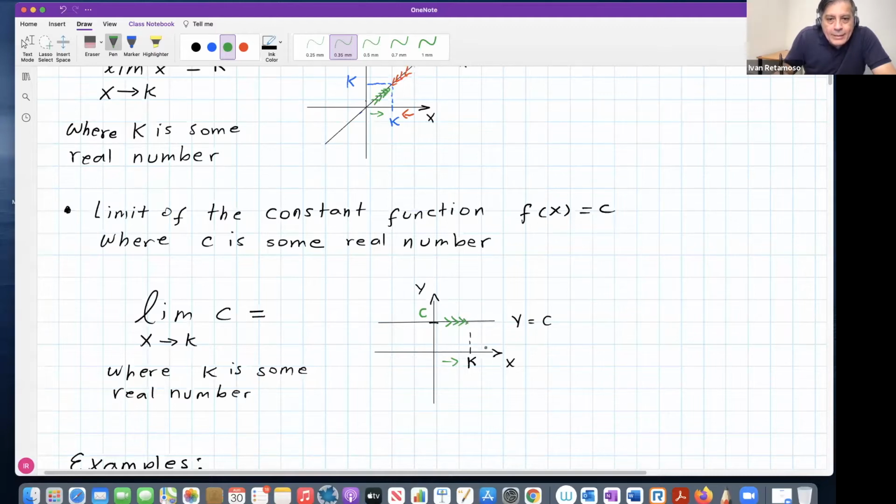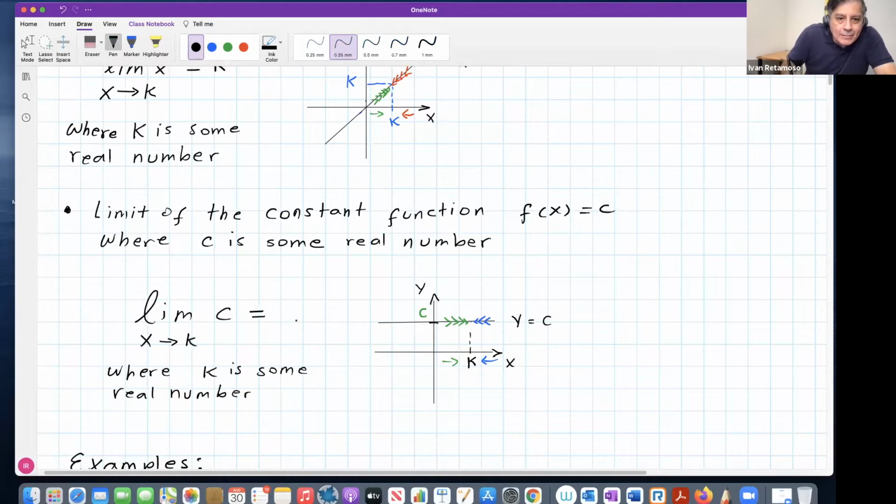And similarly, if we approach k from the right, if you take a look at the output values up here, they approach this constant real number c. So the conclusion is that from the left you see output c, and from the right you see output c. So the limit of the constant function c as x approaches k should be c.